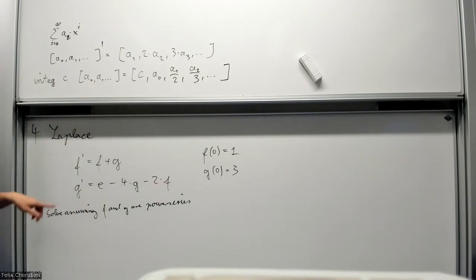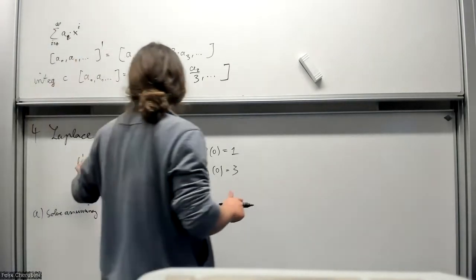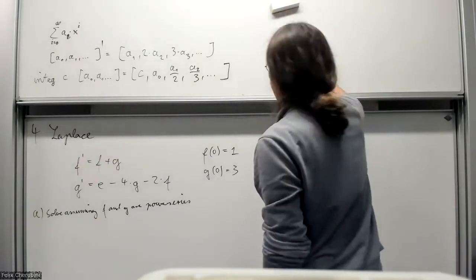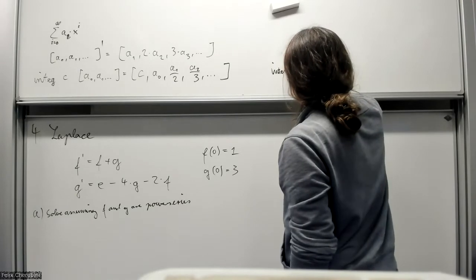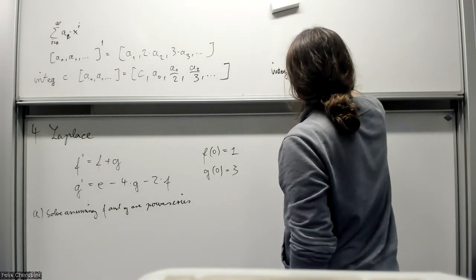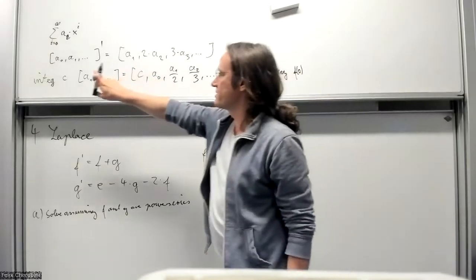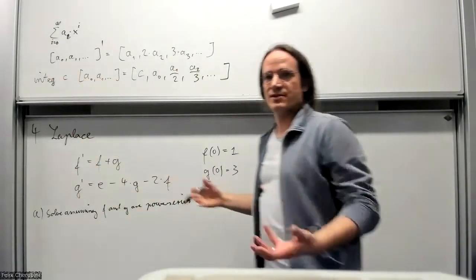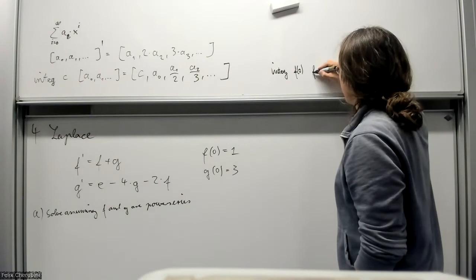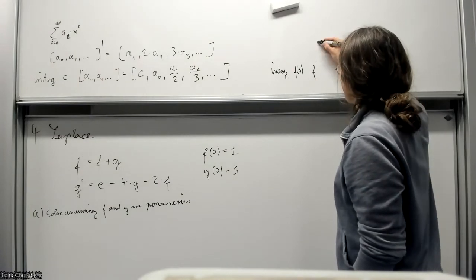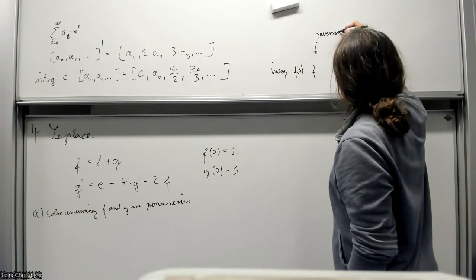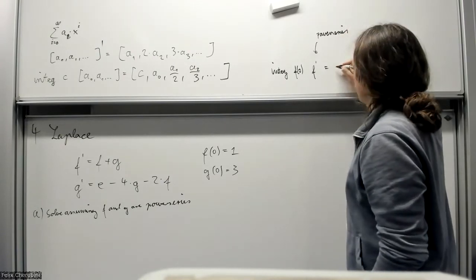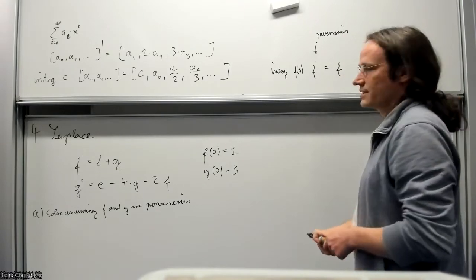Okay, so how can it help? How can we remove the prime? We can do it by doing something like this. If we plug in f of 0, which is a0, into the integration of the power series, we can kill the prime. So if this is a power series, this will be f again.